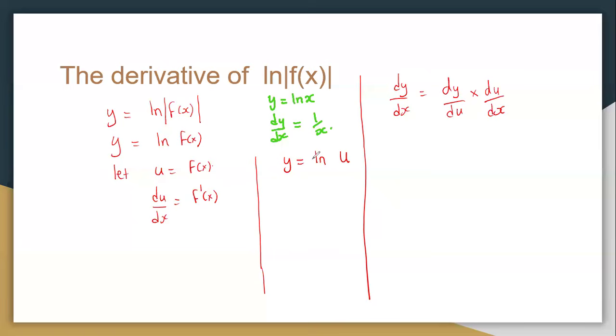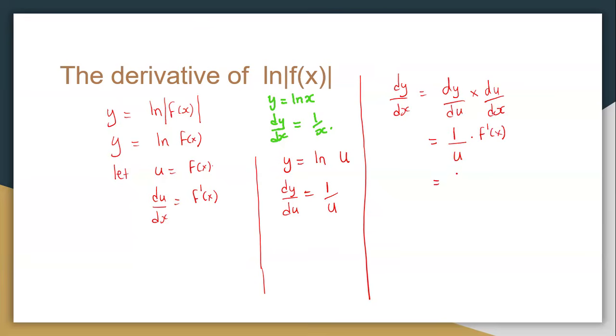Now, members in the chat, you tell me, what do we have for dy/du? Very good. So here we shall have 1 out of u. So dy/du is equal to 1 out of u, times du/dx, which is f prime of x.